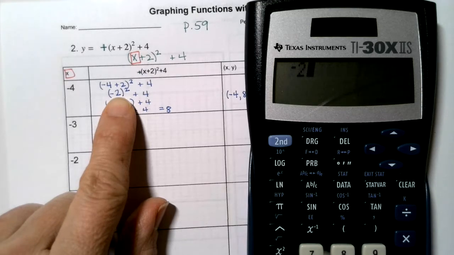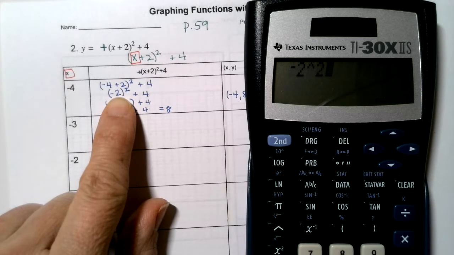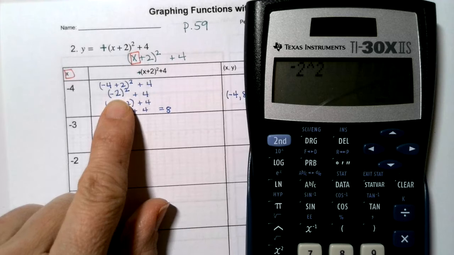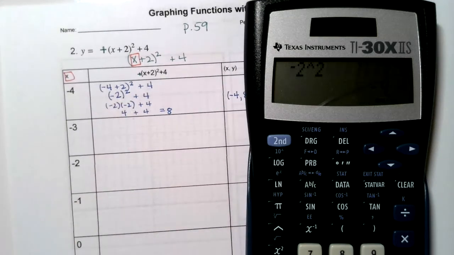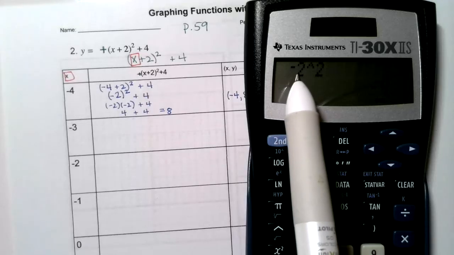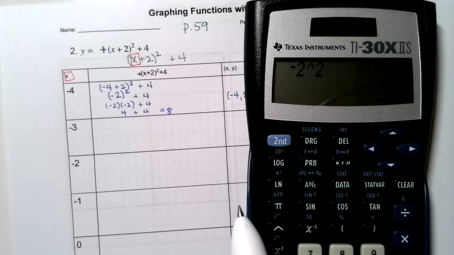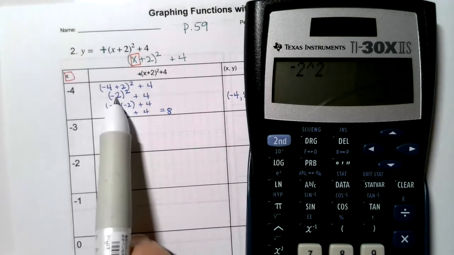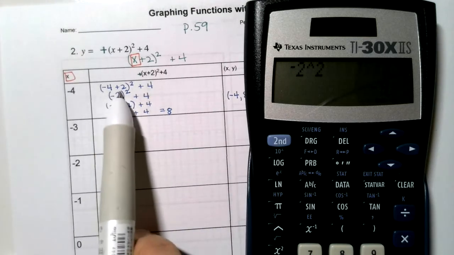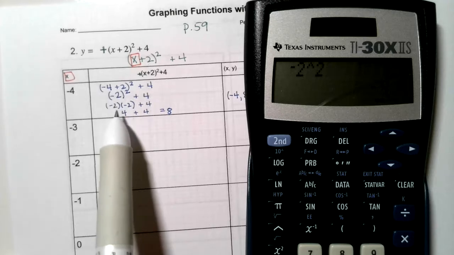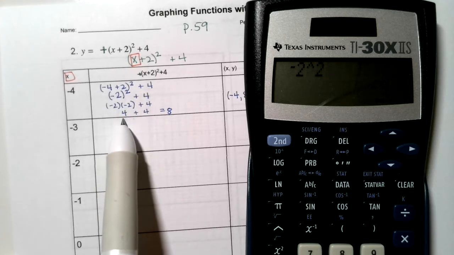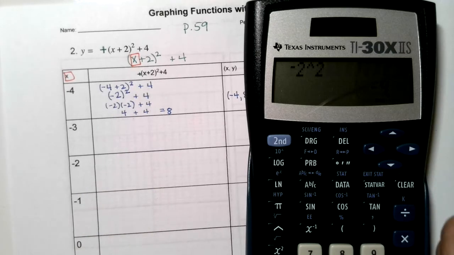If I just put in negative 2 squared, it's going to give me negative 4 because it doesn't know that I want to square negative 2. It might think I want to take the opposite of 2 squared. So that's just a little side note to make sure that you are squaring that quantity that you simplified to negative 2. So that's negative 2 times negative 2, which is positive 4.